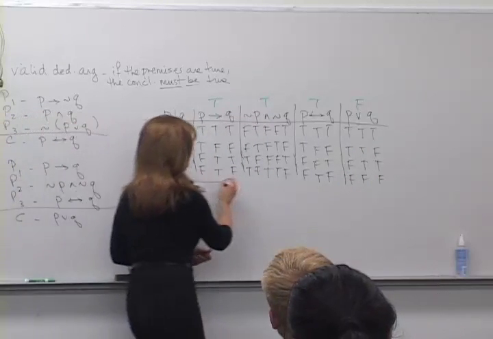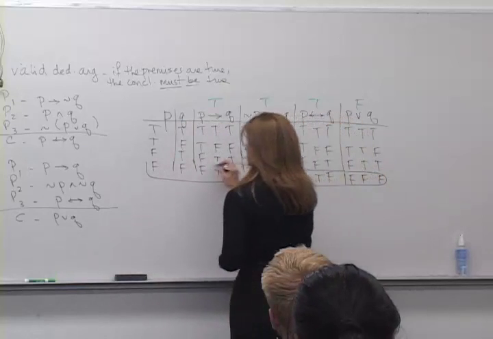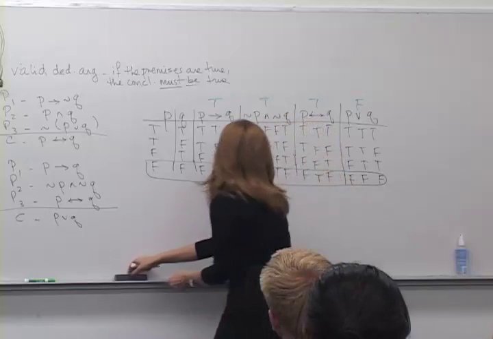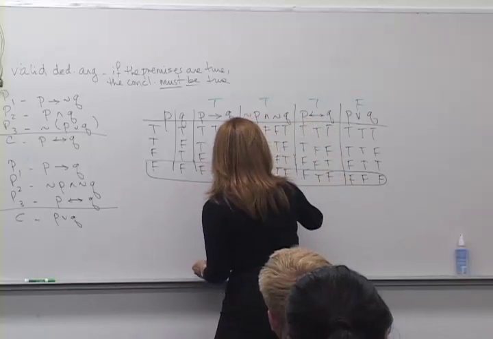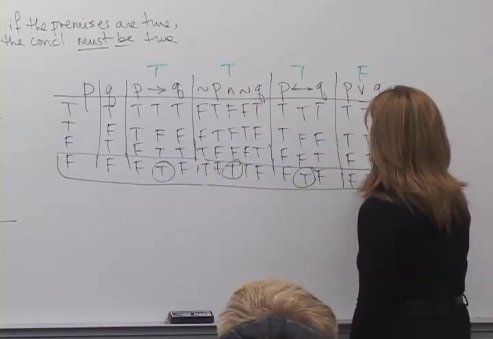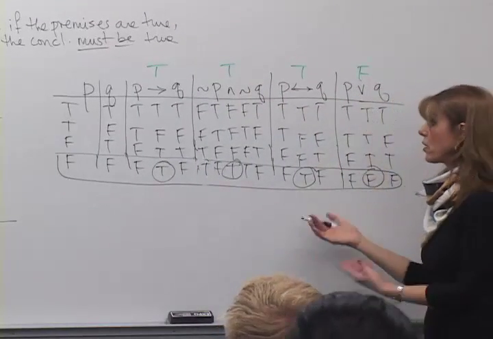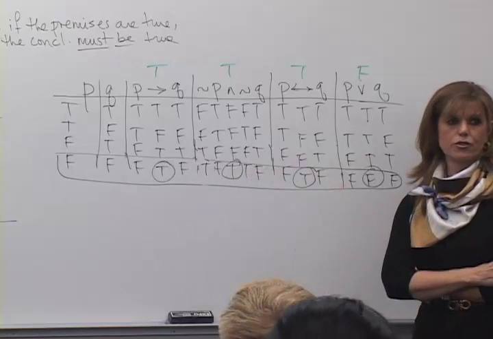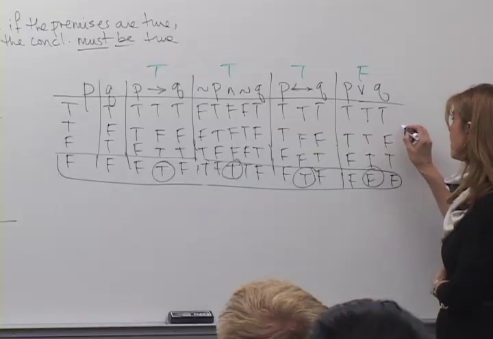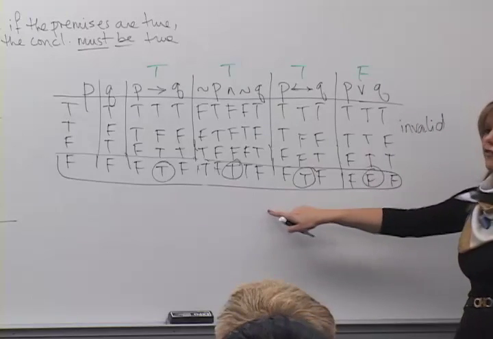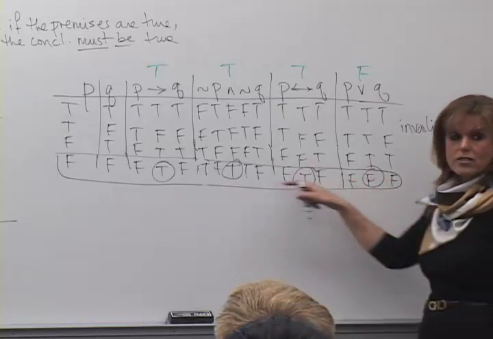This line, I have true, true, false. So there is a condition where true premises lead to a false conclusion, which makes this what? Invalid.